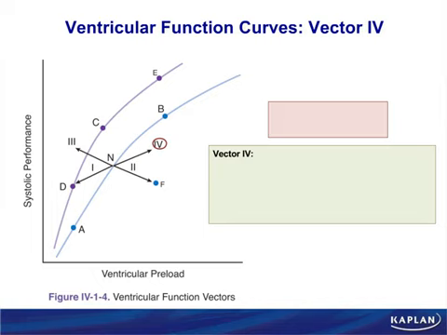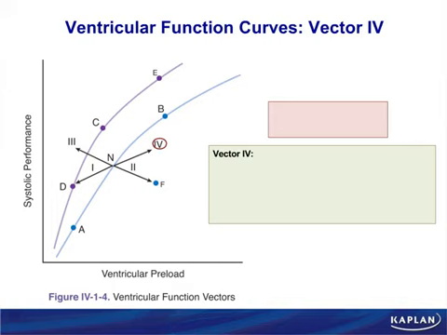All right, vector number 4 is our last vector. I'm still going to ask myself the same two questions. Never deviate. Preload, performance. Notice, going from N to vector 4 shows an increased preload and an increase in performance. Preload and performance went the same direction.